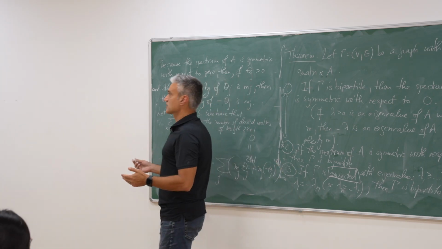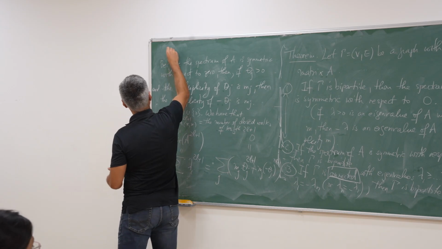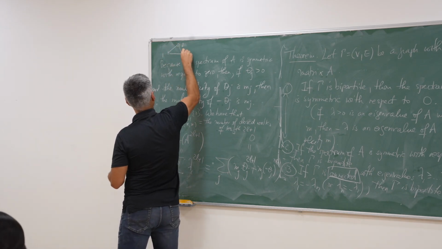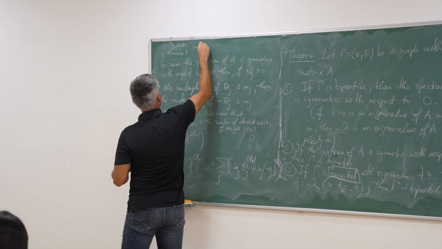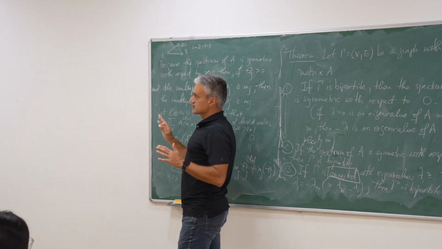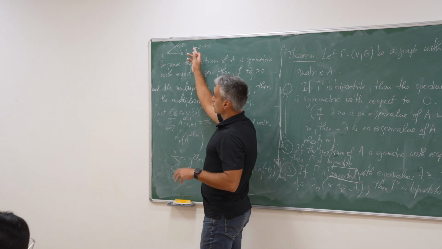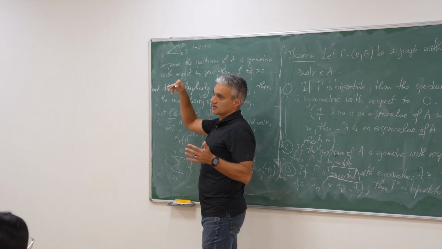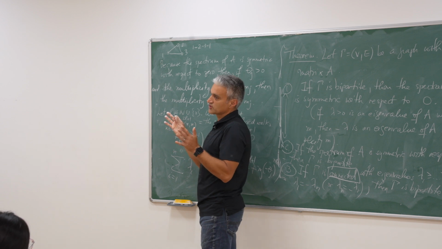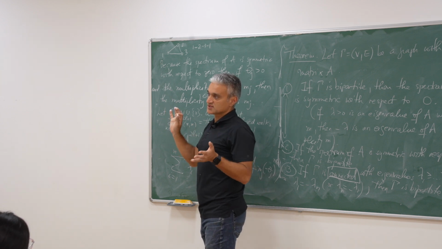Remember the thing about walks: if I have, let's say, a triangle 1 2 3, I can do 1 2 3 1. To clarify, when you count walks, it's like looking at words. You compare the word, even though morally it's the same walk.